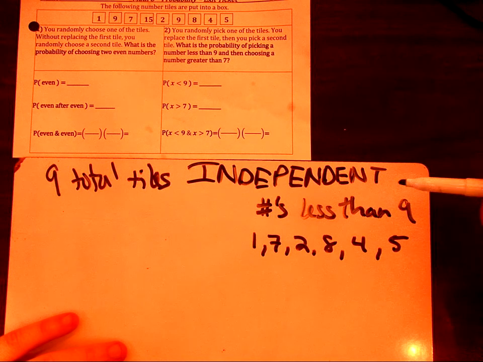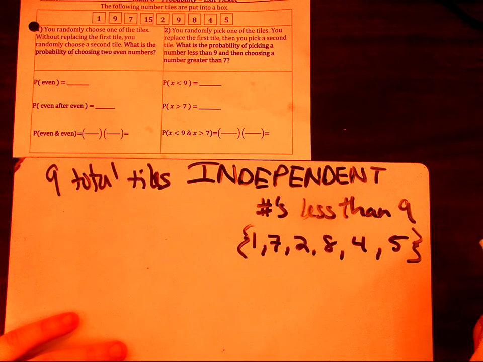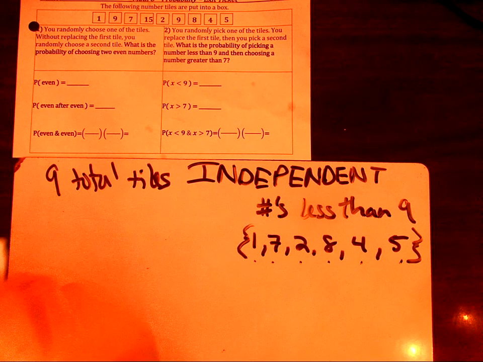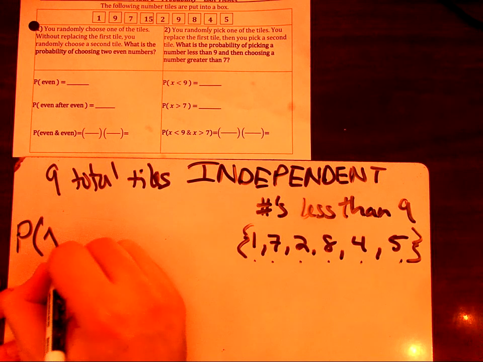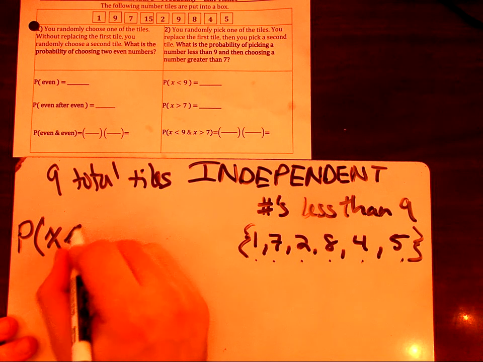Alright, so these are the numbers less than 9. How many is that? Well, we have 1, 2, 3, 4, 5, 6. So we would write it like this. Probability of picking a number, I'll just leave it as x, less than 9.